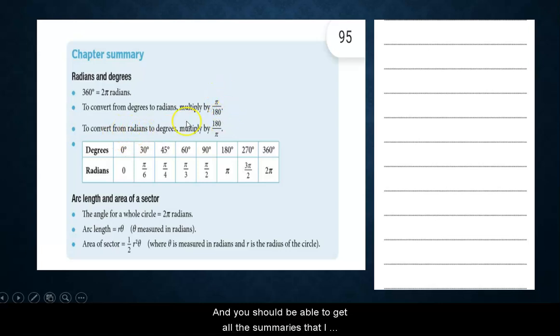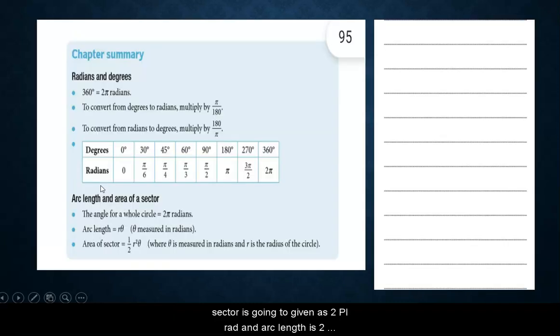You should be able to get all the summaries that I have indicated in the table. Arc length is r theta, with theta measured in radians, and the area of a sector is a half r squared theta.